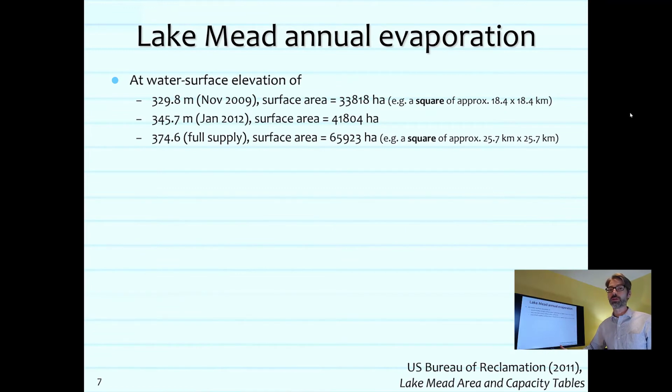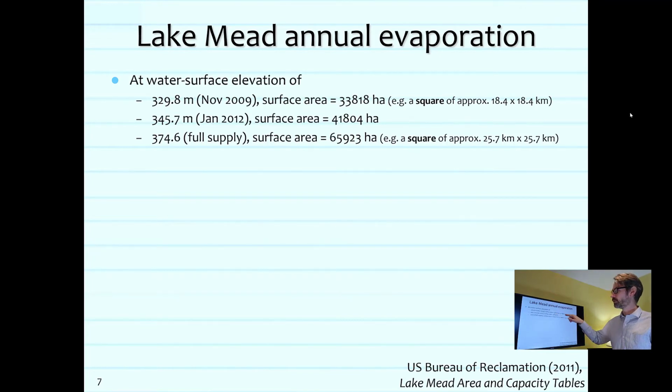So then, with limited water supply, we wonder, what is the annual evaporation and how much is lost from Lake Mead on an annual basis from evaporation? At a water surface elevation of about 330 meters, the surface area is about 34,000 hectares.